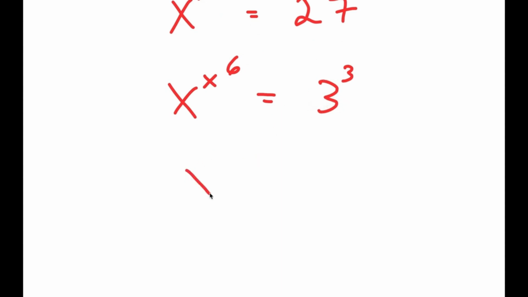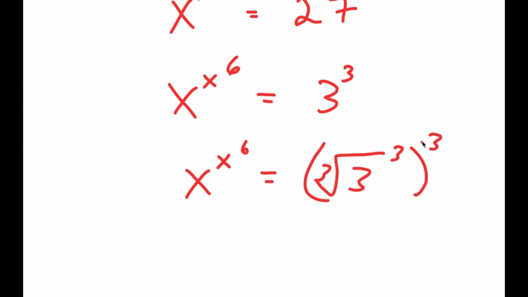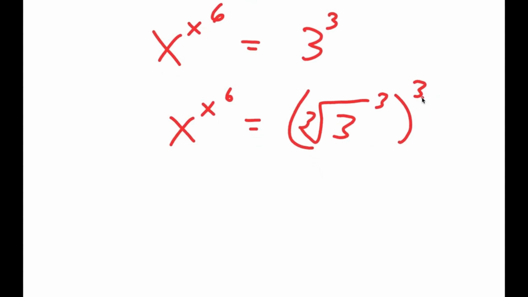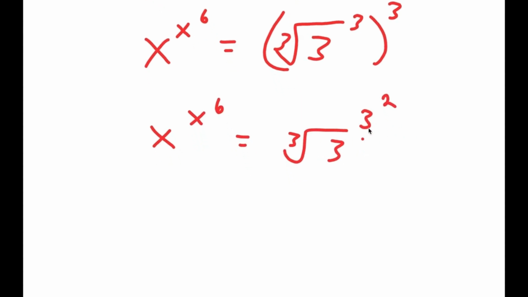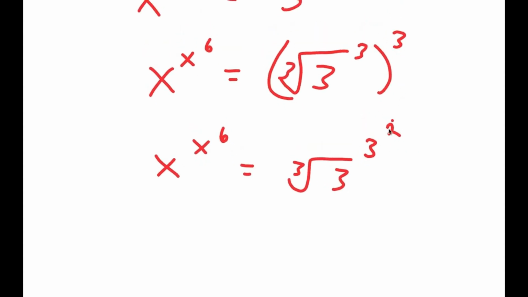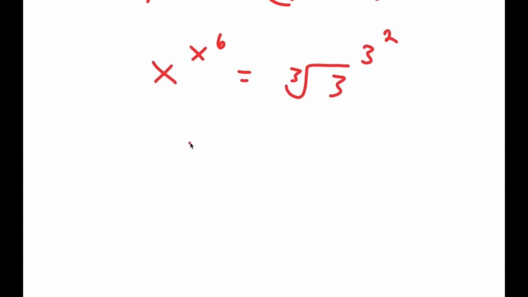this is the same thing as x to the power of x to the power of 6 is equal to the cube root of 3 to the power of 3 to the power of 3, which is equal to the cube root of 3 to the power of 3 squared, because 3 times 3 is 9, and 9 is the same thing as 3 squared.